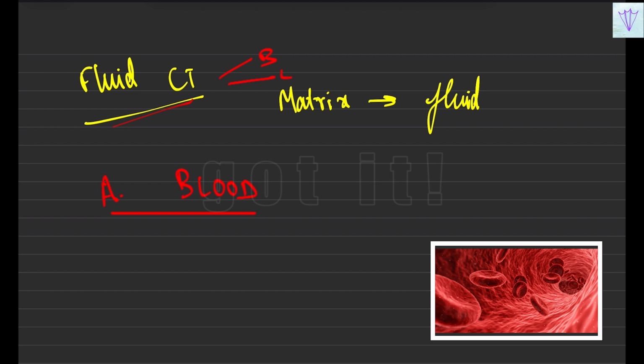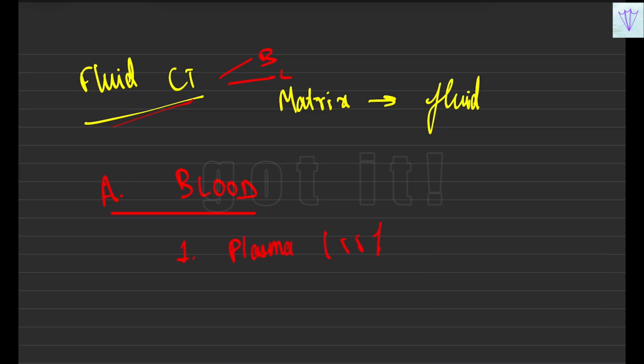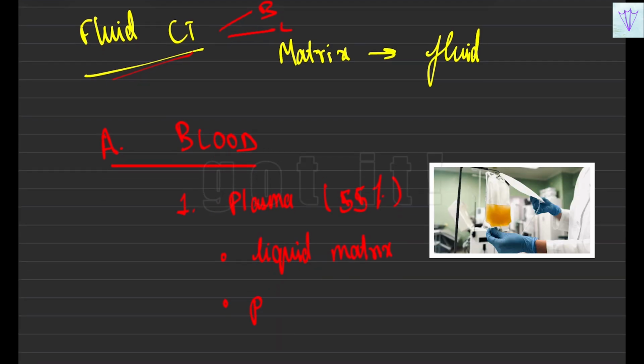So blood will contain, the first thing it contains is plasma. So it is about 55% of blood. And it is a liquid matrix, and its color is pale yellow.